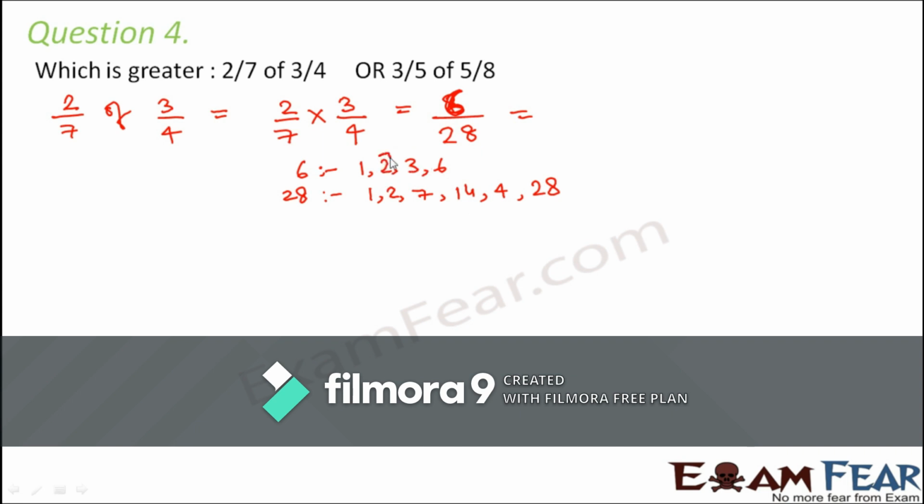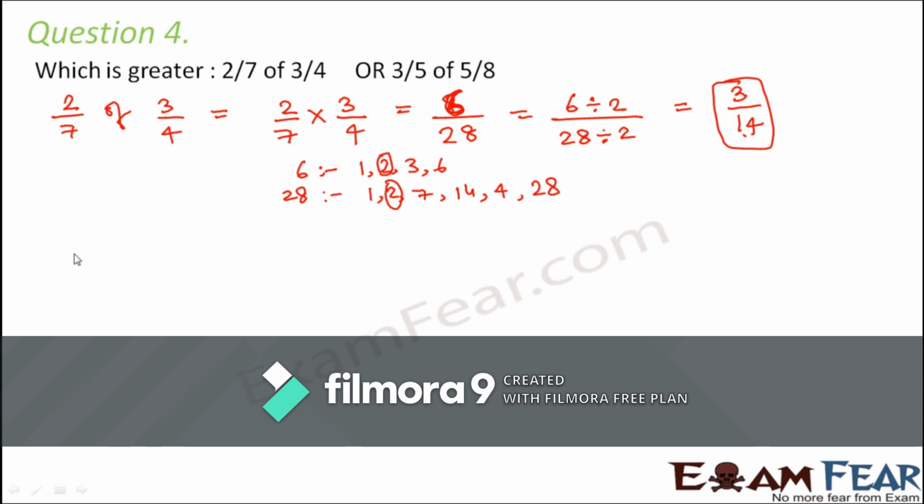The highest common factor here is 2. So we divide the numerator and the denominator by 2. 6 divided by 2 would be 3 and 28 divided by 2 would be 14. So 2 by 7 of 3 by 4 is going to be 3 by 14. So this is one fraction which needs to be compared.